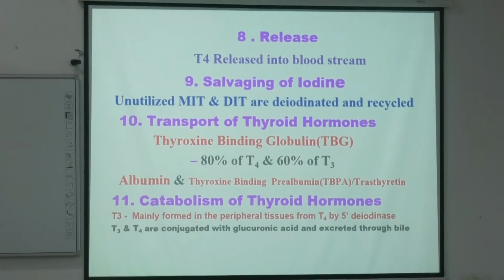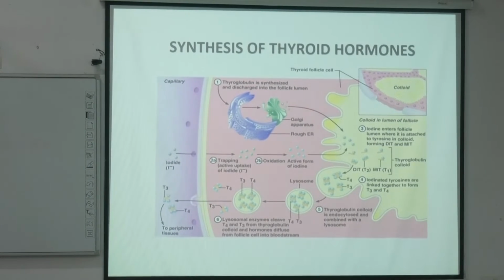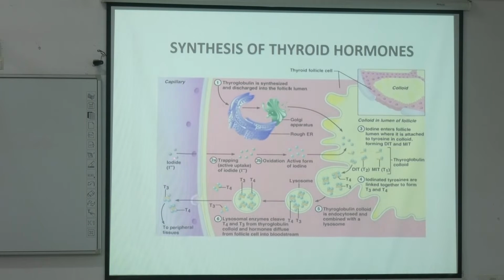Next. So, the synthesis in the thyroid gland, schematically I have shown it. Iodine is taken up from the blood. This is the capillary side, this is the thyrocyte, and there is the colloid side, the colloid follicle. Iodine is trapped in the thyroid follicular cell, that is the acinar cell, at the basolateral surface.